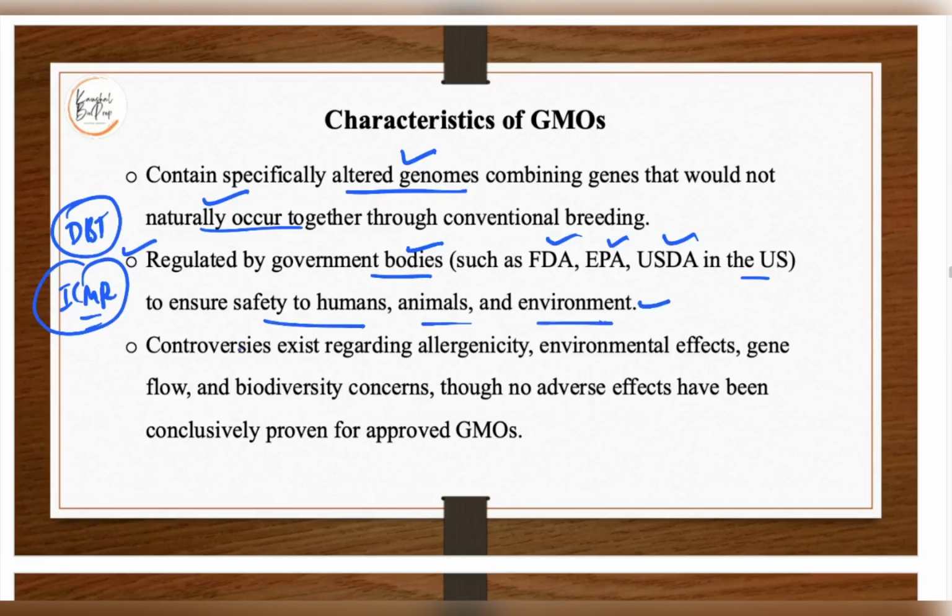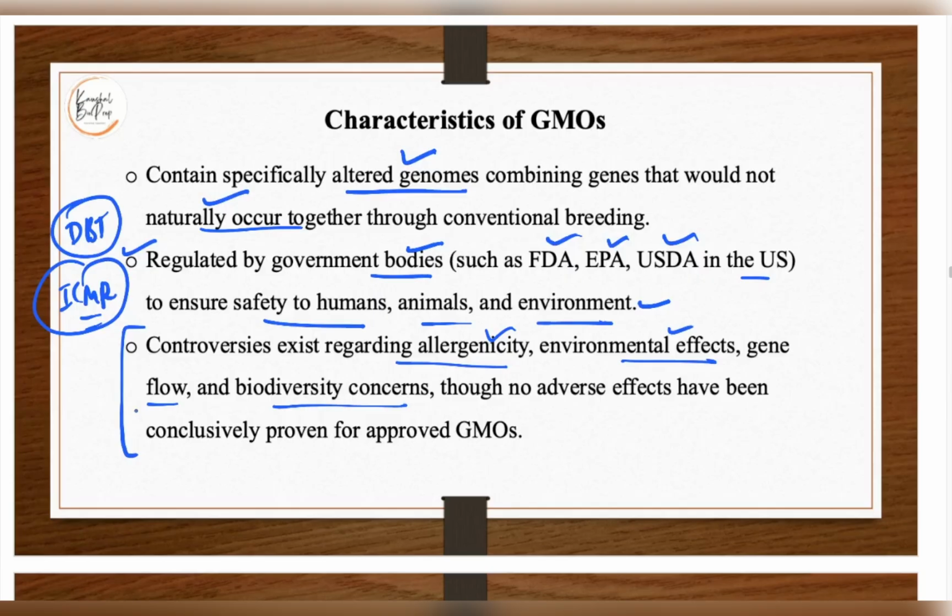Now there are certain controversies. Yeah. So there are some controversies which exist regarding allergenicity, their environmental effect, gene flow, and biodiversity concerns. That means it is not the case that they are altogether only beneficial. Everything has a pro and con, right?